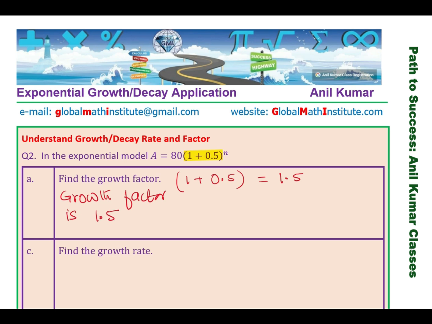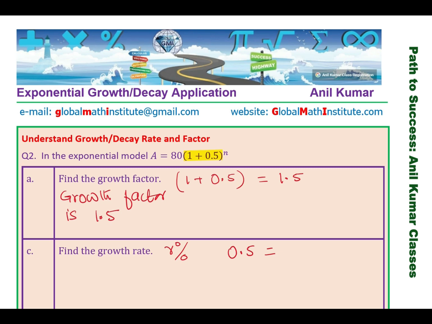Right. Now, find the growth rate. Now, growth rate, as I said, is given as percent, right? So it is r percent. Now, rate is 0.5. So in this case, 0.5 can be written as what? Well, if you write it as a percent, this could be written as 50%, correct?